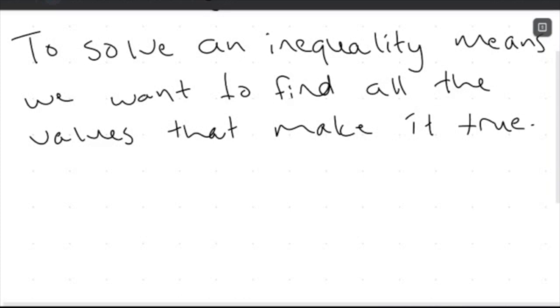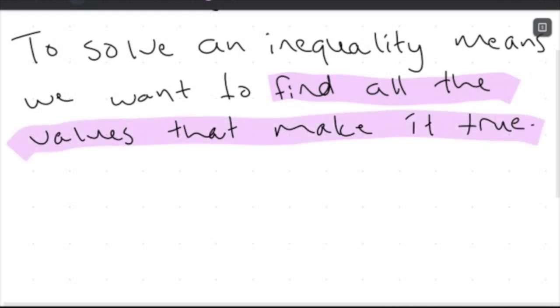Now, I've said a handful there, so I want to jump straight into solving something. We're going to come back to this idea because it's quite important. A bit that I want to draw your attention to is this idea of finding all the values that make it true.